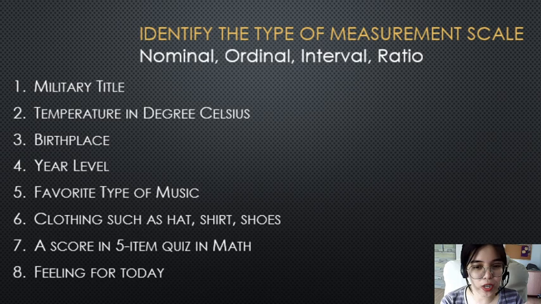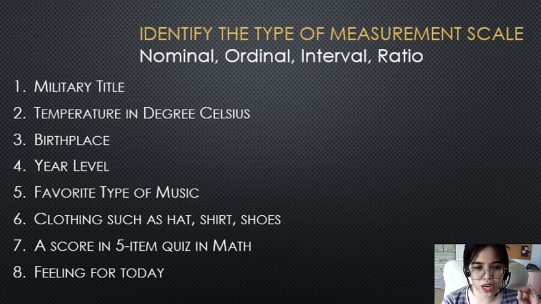O, number 2 ulit. Ganun ulit. O, tanungin mo muna, is this category lang or may measurement or may numbers? O, pag may numbers, kasi degree Celsius, so, ibig sabihin, ito ay continuous variable. Under ni continuous variable, may dalawang levels of measurement: interval at ratio. So, ang tanong mo naman dyan, ito ba ay may true zero value o wala? O, tanongin mo yon, true zero value o wala.